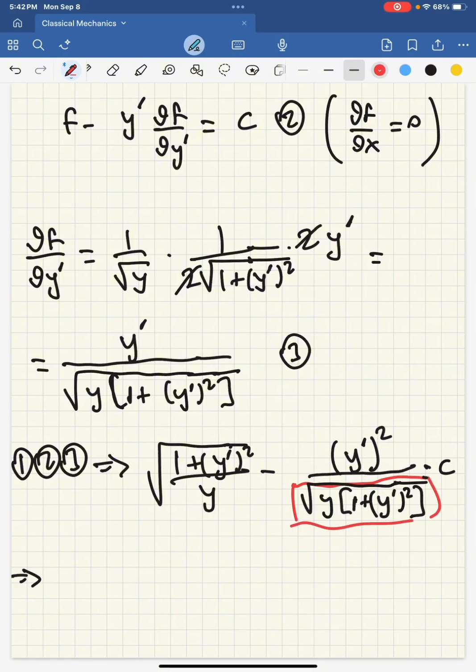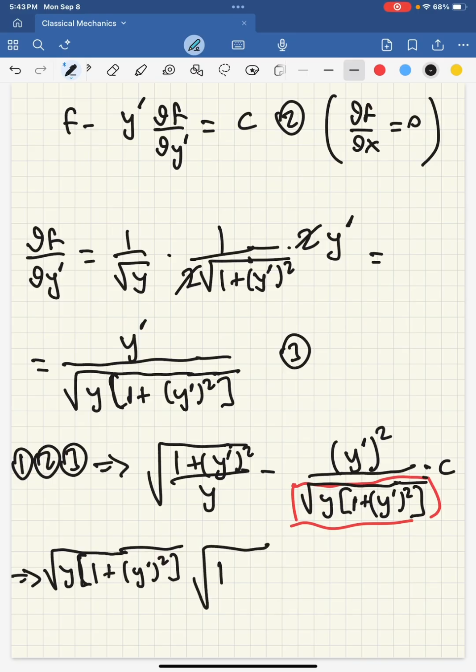So what I will do is that I will multiply both sides of the equation with this guy, okay? So on the left hand side we will have the square root of y times 1 plus y prime squared times this expression over here, 1 plus y prime squared over y.